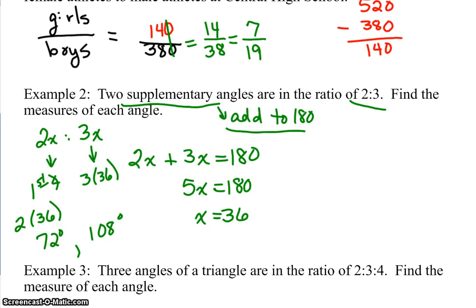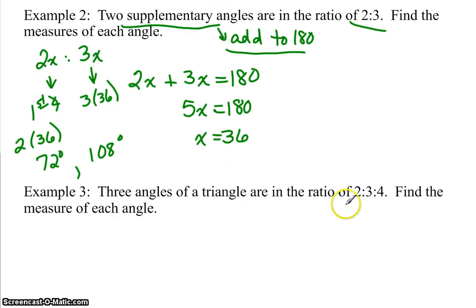Now, we're going to go to the next geometric example, which says that we have 3 angles this time, and the ratio is 2 to 3 to 4. That means one of my angles is 2x, one of my angles is 3x, and one of my angles is 4x. Now, what do I know about the angles in a triangle?